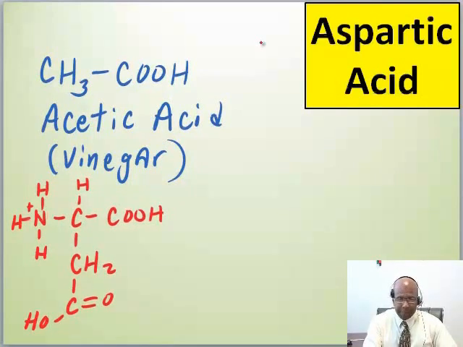aspartic acid. Now, again, remember, aspartic acid and three other compounds are very closely related to one another. We're only going to make two changes. We're going to either add another carbon, or we will aminate the carbonyl carbon.